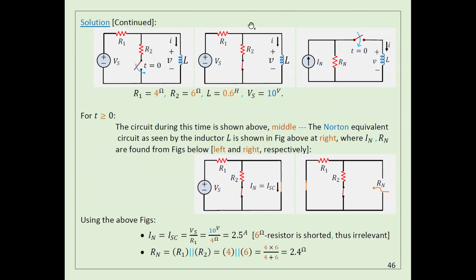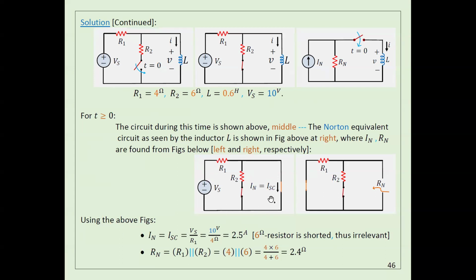Number one, if you want to calculate I Norton, you have to make a short circuit here. Once you make a short circuit here, this short circuit is going to cancel R2. Short circuit in parallel to R2, you cancel R2. So all the current is going to come this way. Nothing will come here.